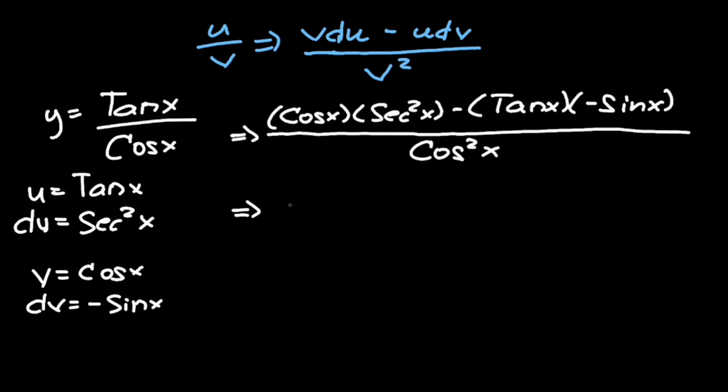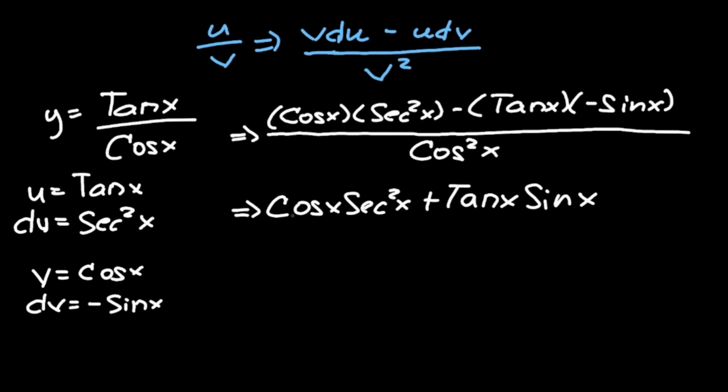Simplify this, you will get cosine of x secant squared x plus, because there's both negative, tangent of x sine of x over cosine squared x.